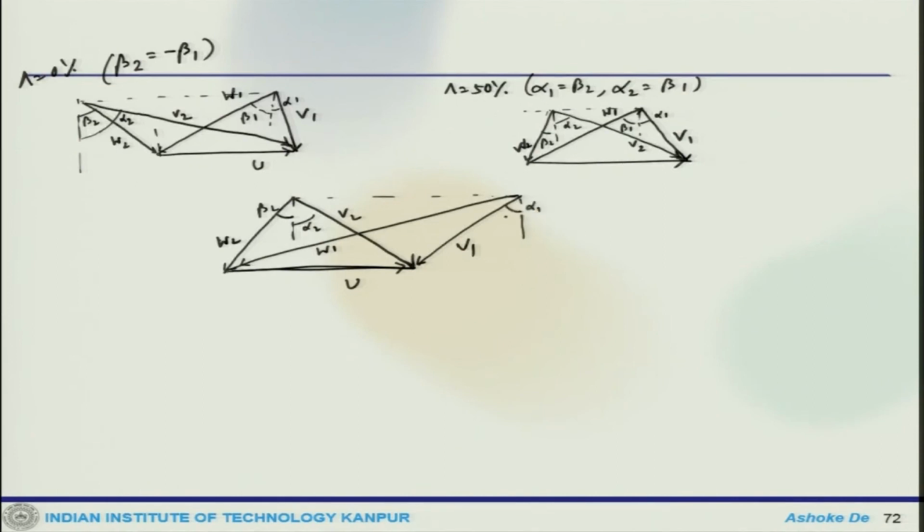So, this one alpha 1, this one beta 1, and this is the case where the degree of reaction is 100%. So, alpha 1 is minus alpha 2. So, these are different velocity triangles for different degrees of reaction. We will continue the discussion in the next lecture.